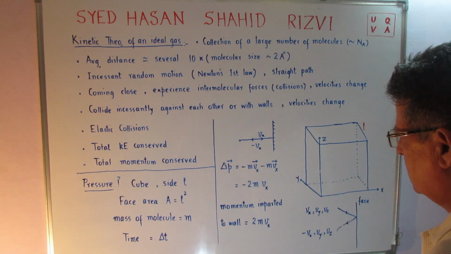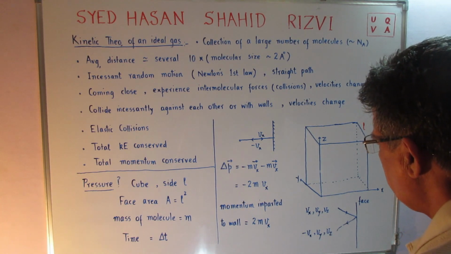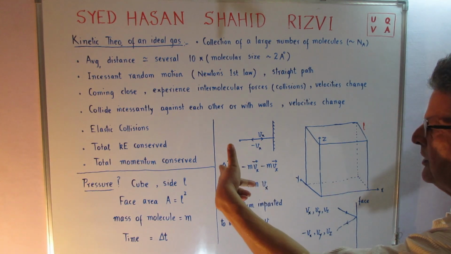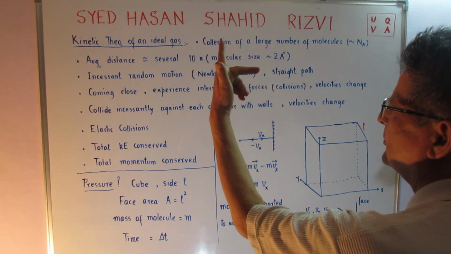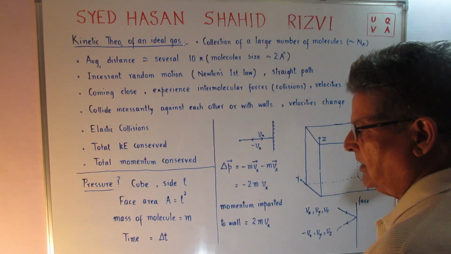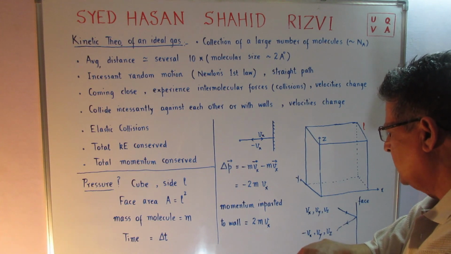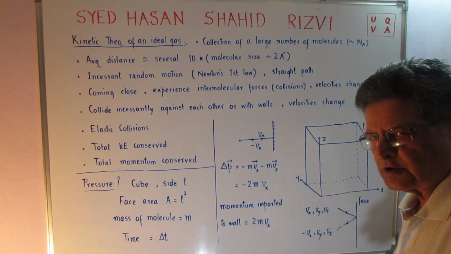We can see that Vx, Vy, Vz are mutually perpendicular and they are independent of each other.